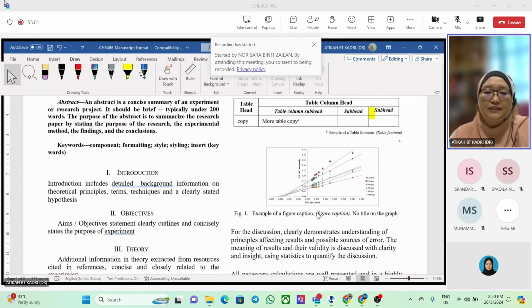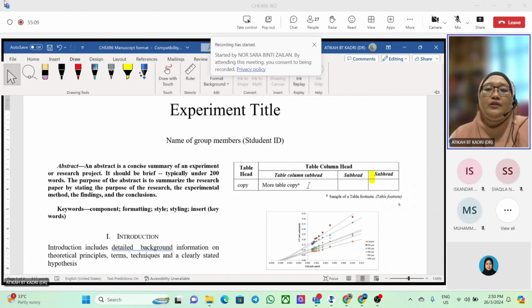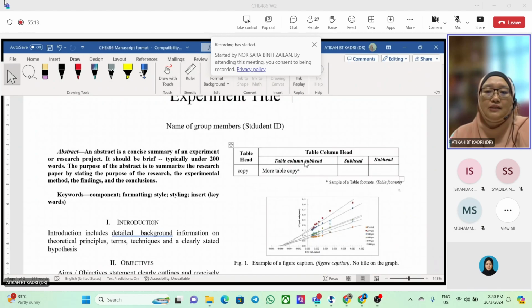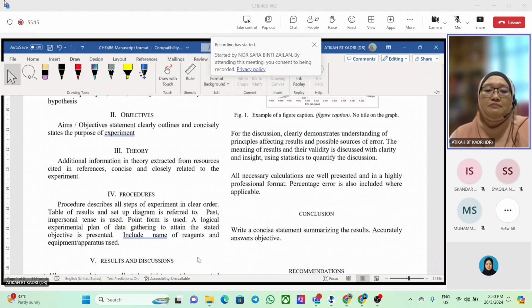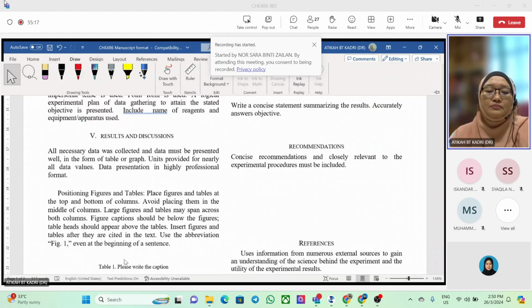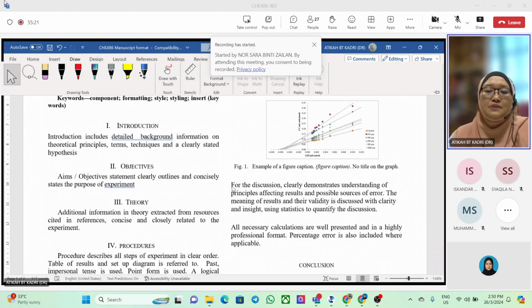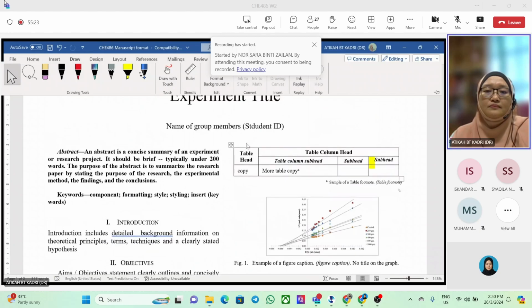For example, like this chart: when you present a chart, your caption must be at the bottom. But when you are presenting a table like this, the caption must be at the top.